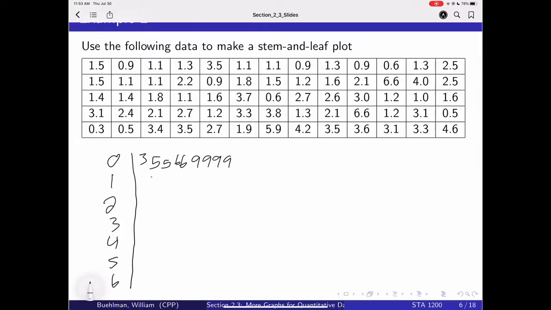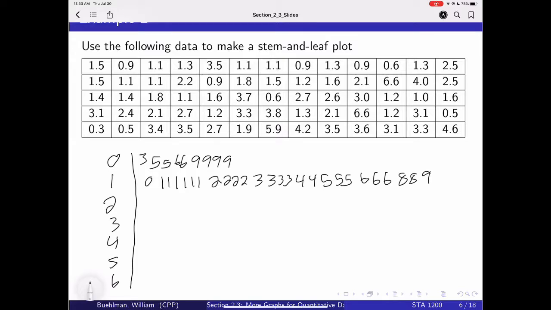For the ones, we have 0, 1, 2, 3, 4, 5, 6 ones, 4 twos, 4 threes, 2 fours, 3 fives, 3 sixes, 2 eights, and a 9.